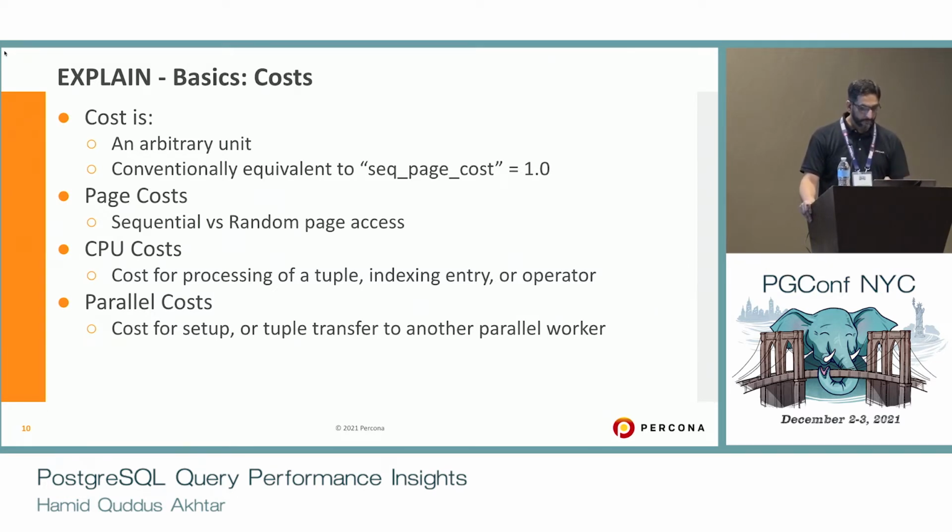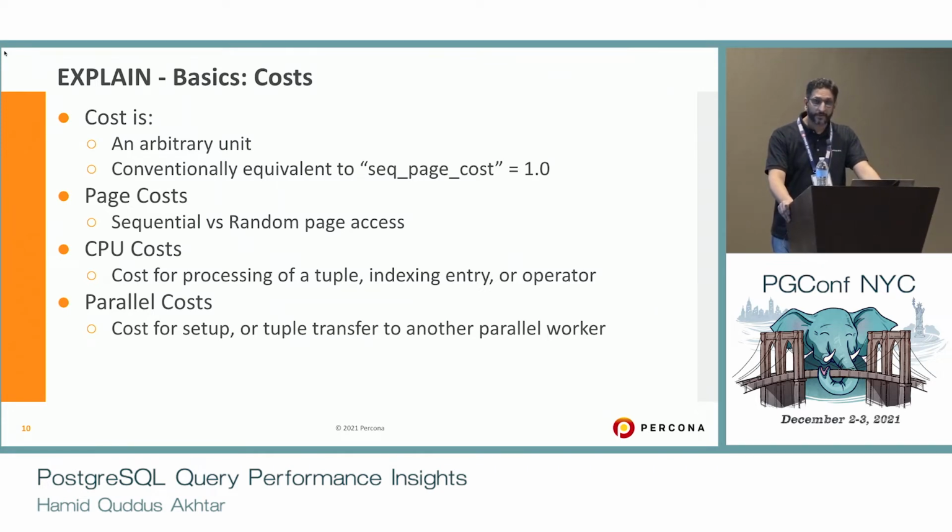I think the default values are 0.01 for the tuple, half of that for the index, so 0.005, and further half for the operator, which is 0.0025. So it's in that sequence.